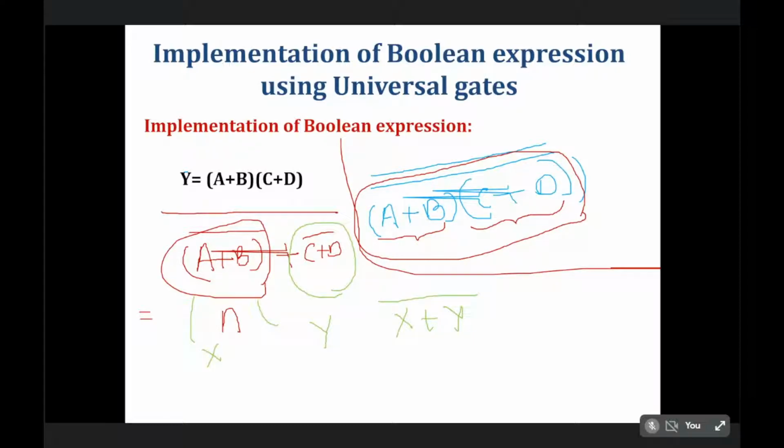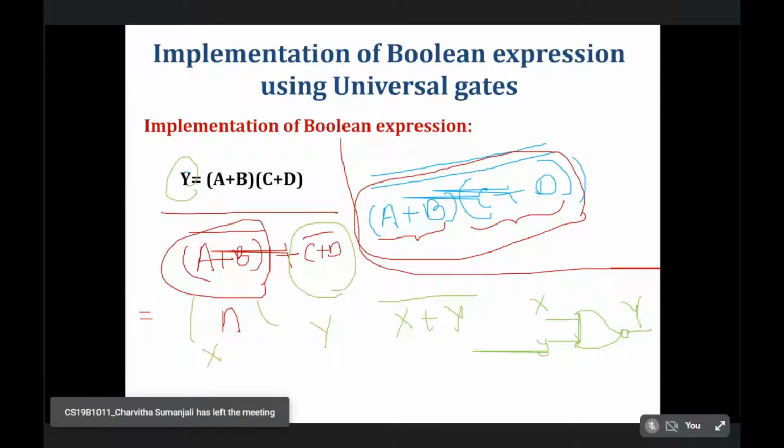So the input are x and y, and the output is y. Suppose this is the small y.